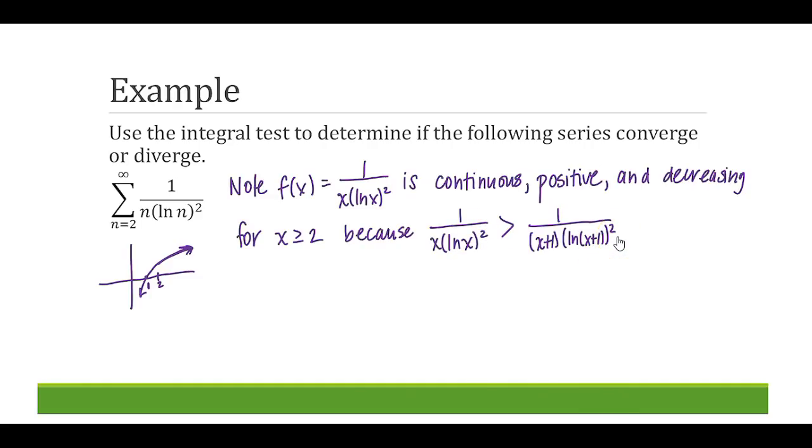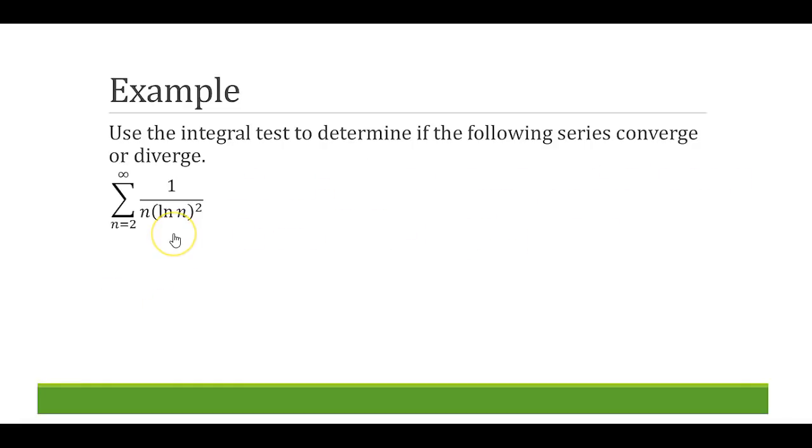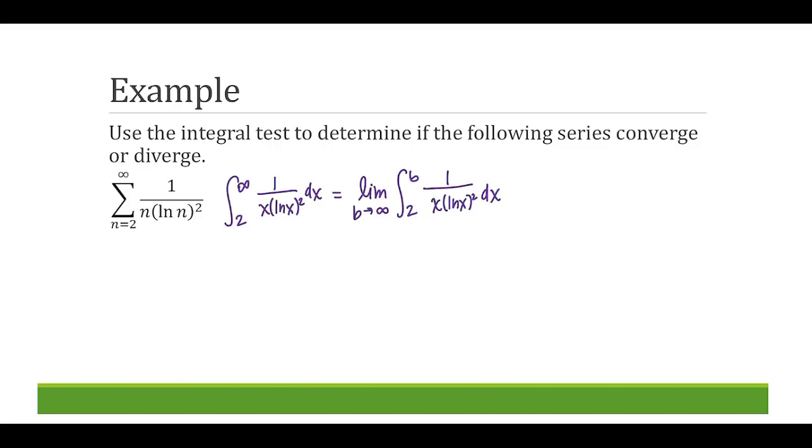So now I can apply the integral test. We'll have the integral from 2 to infinity of 1 over x natural log x squared dx, or the limit as b approaches infinity of the integral from 2 to b of 1 over x natural log x squared dx.